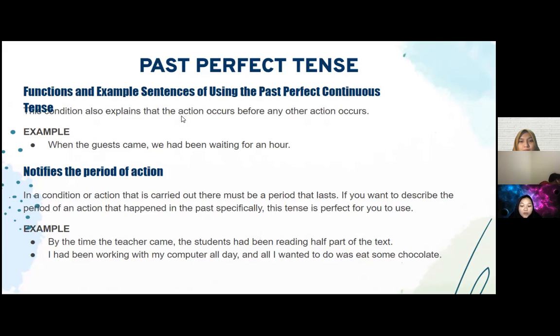If you want to describe the period of an action that happened in the past, this tense is perfect for you to use. Example, one, by the time the teacher came, the student had been reading half of the text, and two, I had been working with my computer all day, and all I wanted was to eat some chocolate.